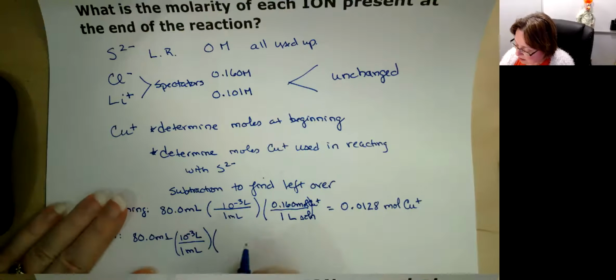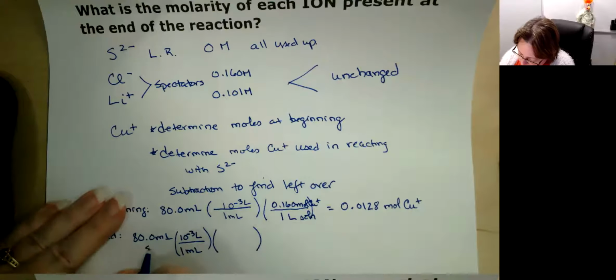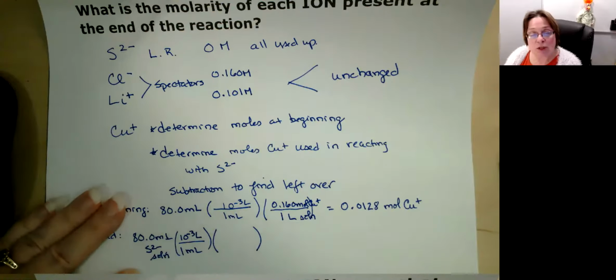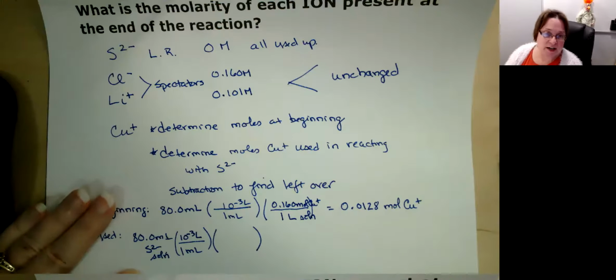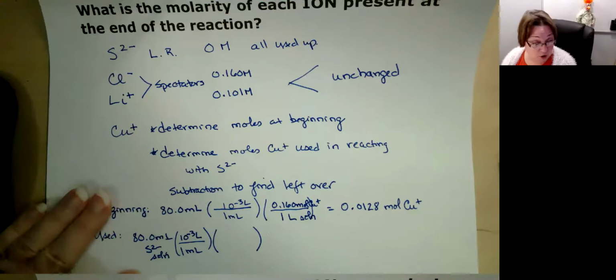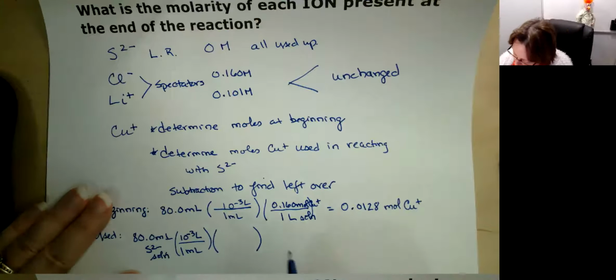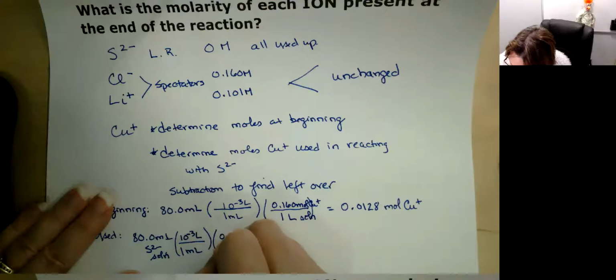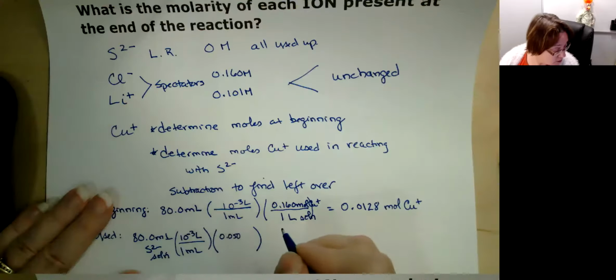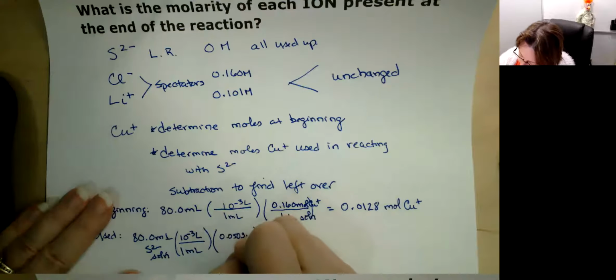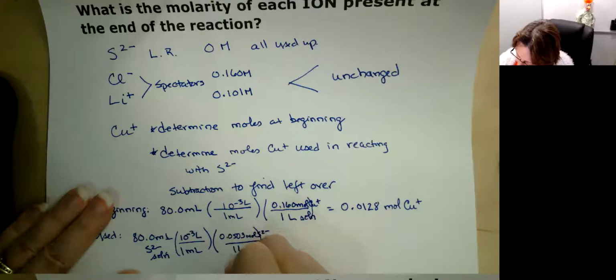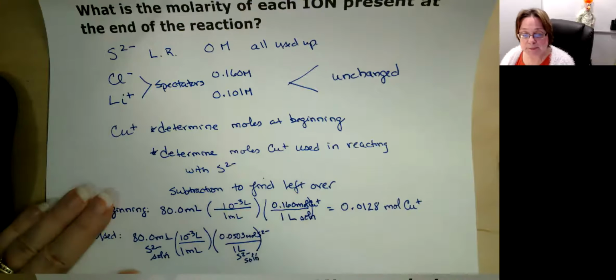And remember, this is the sulfide ion solution. So we're going to use the concentration of the sulfide ion. Again, before it all reacted, we have 0.0503 moles of sulfide ion per liter of the sulfide solution.